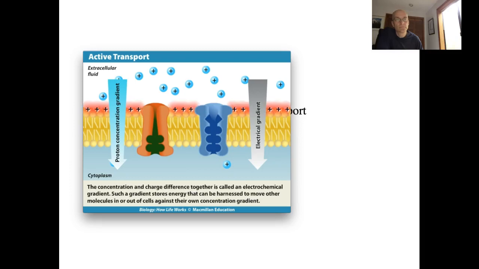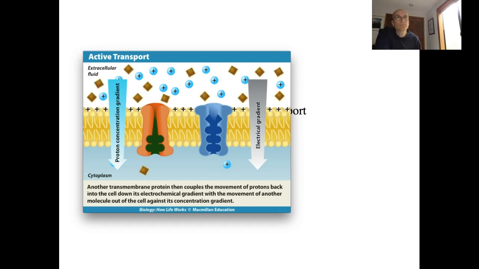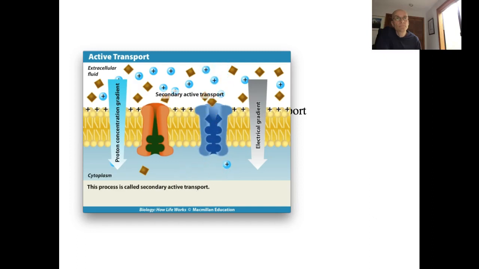The concentration and charge difference together is called an electrochemical gradient. Such a gradient stores energy that can be harnessed to move other molecules in or out of cells against their own concentration gradient. Another transmembrane protein then couples the movement of protons back into the cell down its electrochemical gradient with the movement of another molecule out of the cell against its concentration gradient. This process is called secondary active transport.